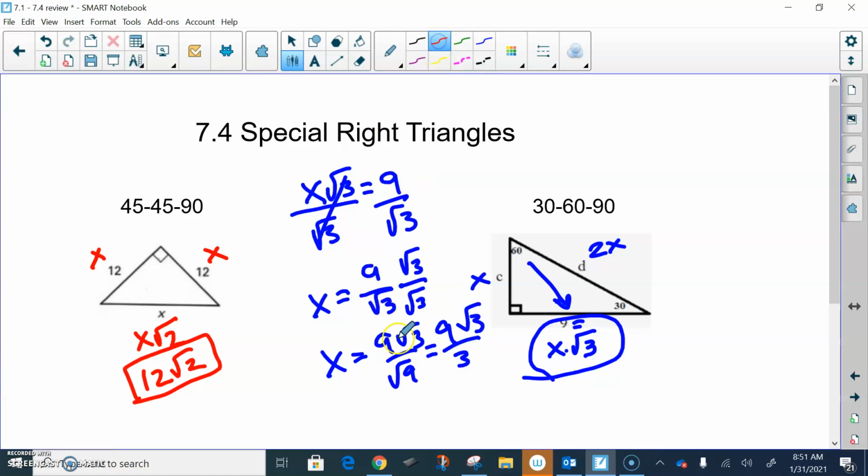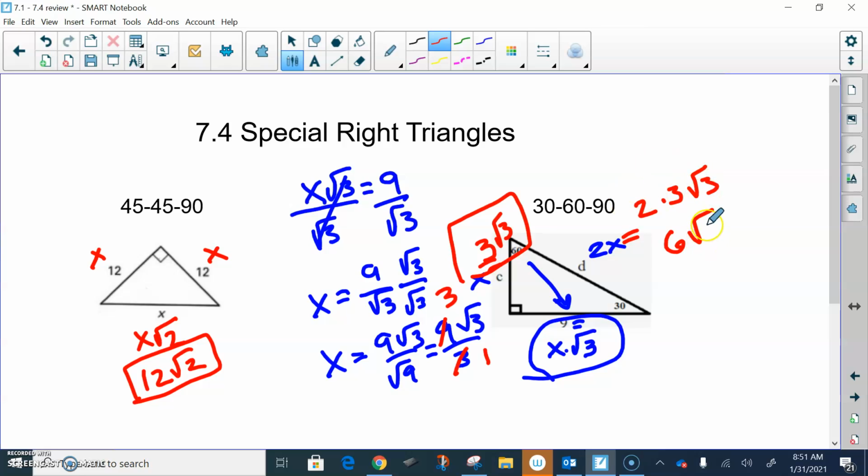Before you type that into Schoology or move on, let's go ahead and simplify this fraction. 3 goes in there once, 3 goes in there 3. So we know that x, the short leg, is 3 root 3. Easy as that. And then for the hypotenuse, it's 2 times that, 2 times 3 root 3. So we multiply this together, can't go inside, remember that, and we are done.